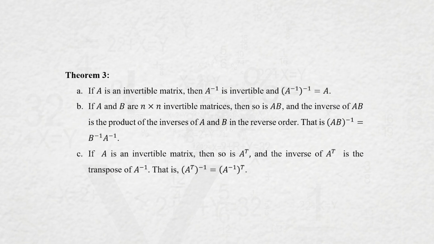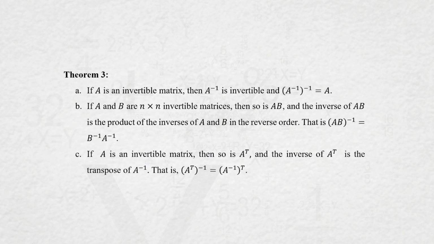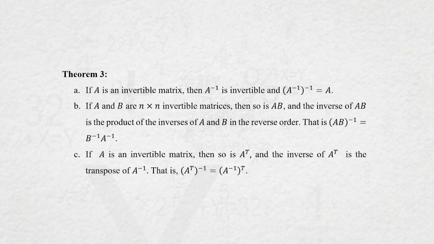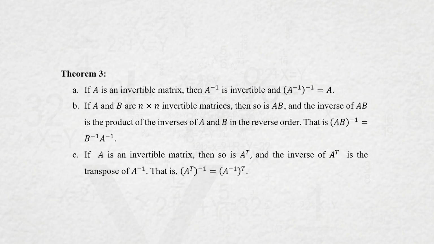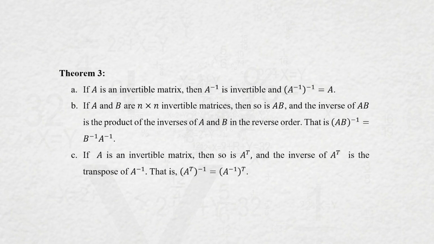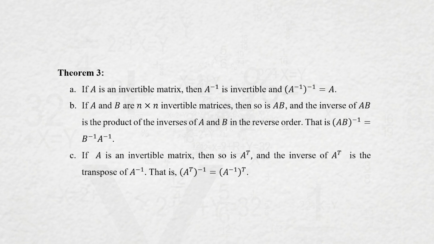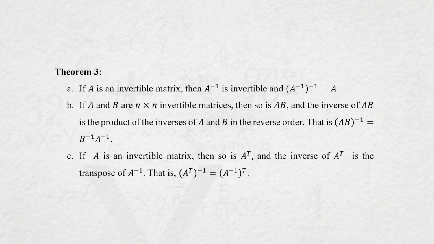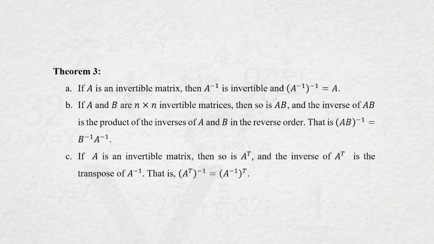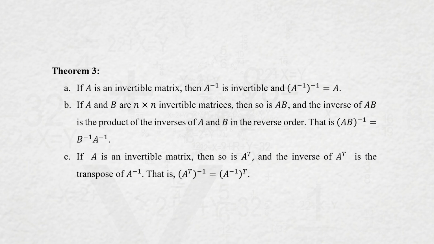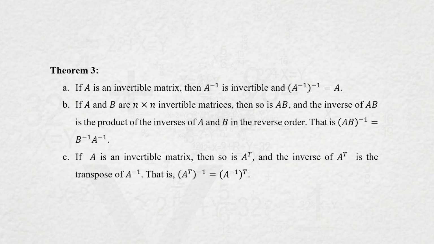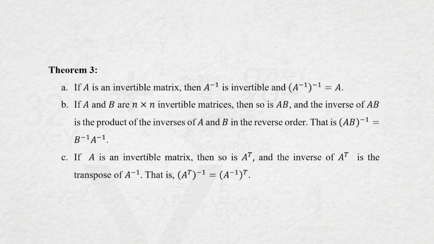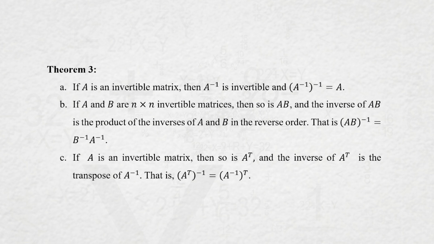The next theorem, theorem 3: if A is an invertible matrix, then A inverse is invertible and A inverse the whole inverse is equal to A. If A and B are n cross n invertible matrices, then so is AB, and the inverse of AB is the product of the inverses of A and B in the reverse order.